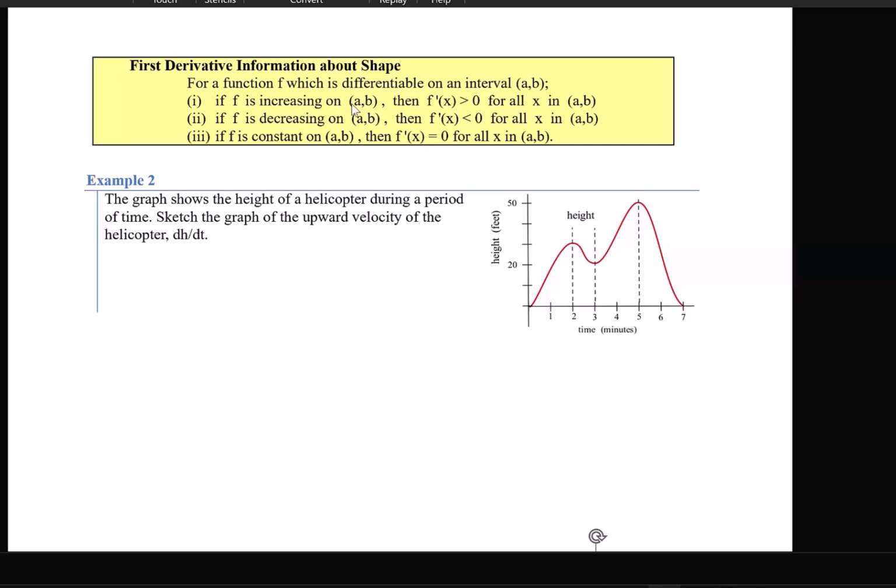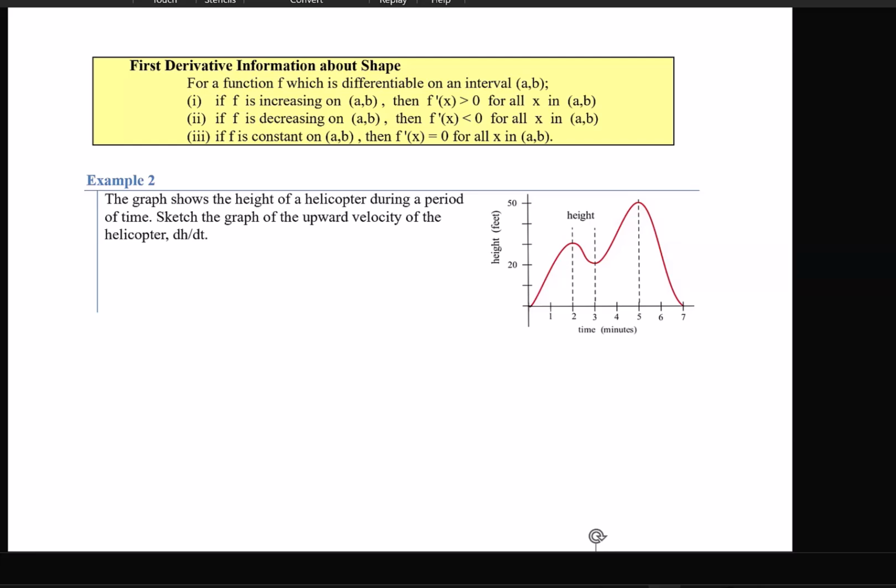One, if f is increasing on AB, then the derivative is greater than 0. If f is decreasing on the interval AB, then the derivative is negative. And if the derivative equals 0, it's constant or flat.